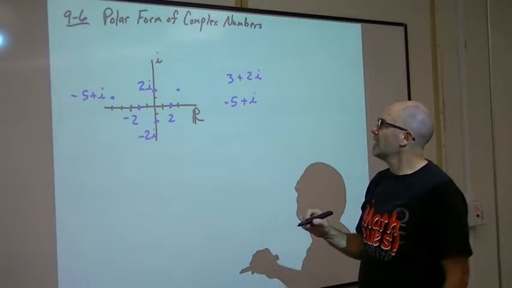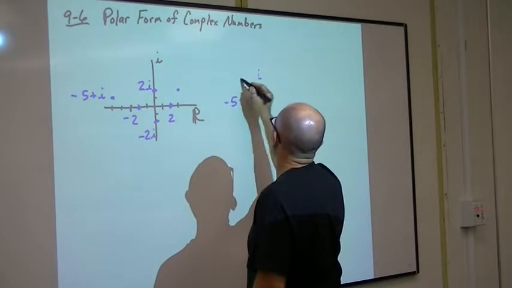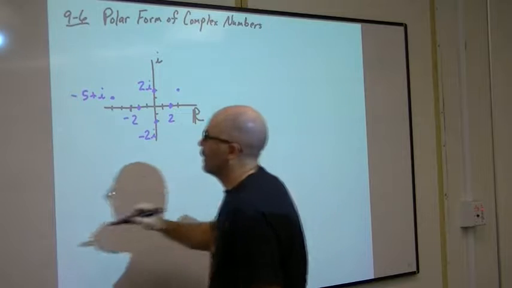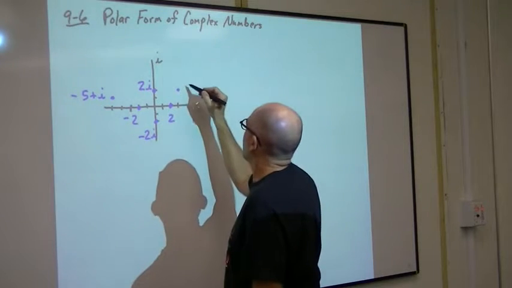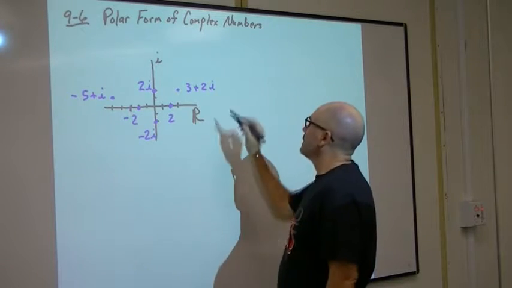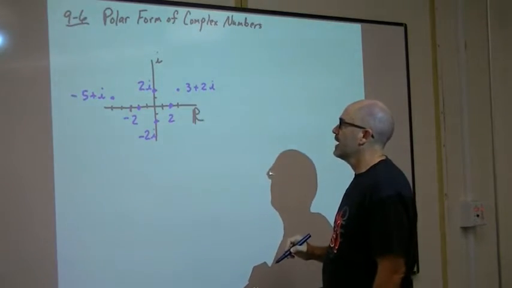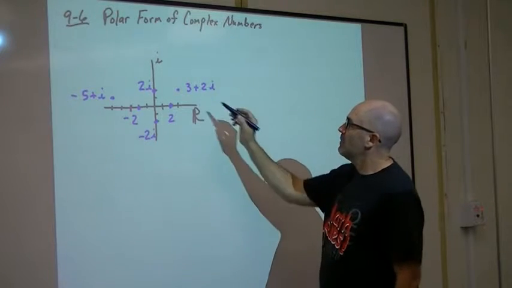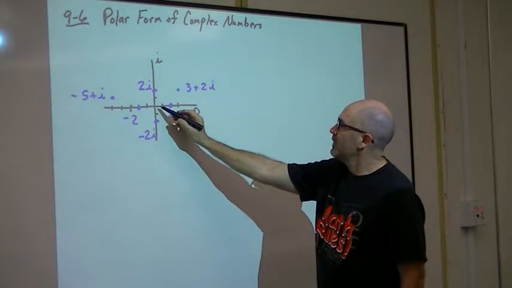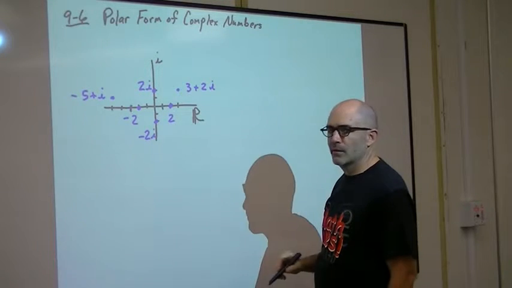Okay, so let's look at our 3 plus 2i. Now, that's rectangular form. If I want the polar form to that, then what I want to do is find the length between the origin and the point and the angle.